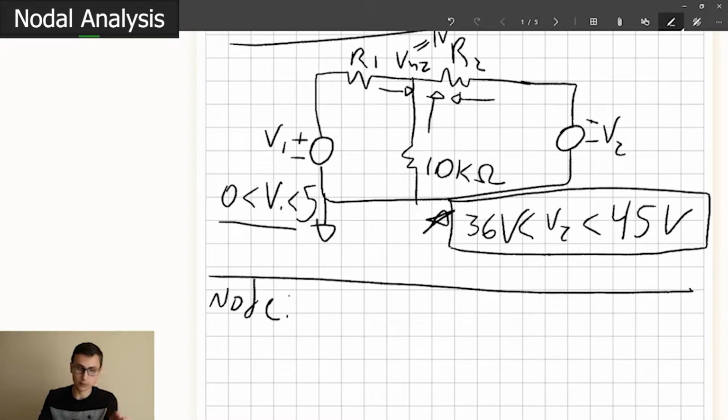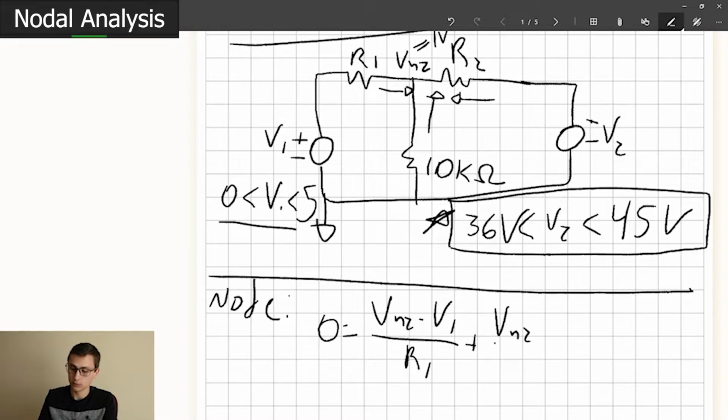As we run through this equation and start to build it, we're going to say 0 volts equals the voltage at node 2 minus V1 over R1, followed by the voltage at node 2 divided by that 10 kilo ohms.